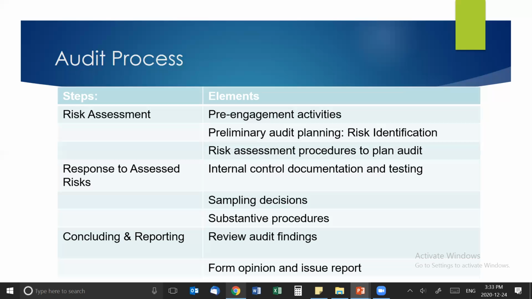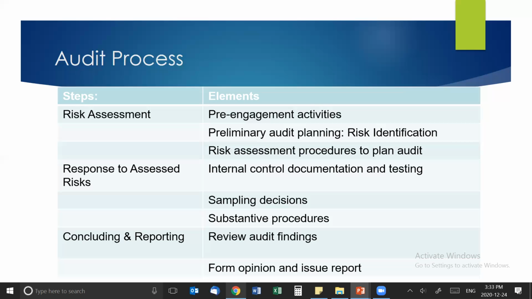And then we're going to do substantive procedures. So then we're going to dive into looking at what type of procedures we do to gain the evidence necessary in order for us as auditors to make our opinion. Substantive procedures, we'll see a little bit of that in chapter 8, and then from chapter 11 to 14.